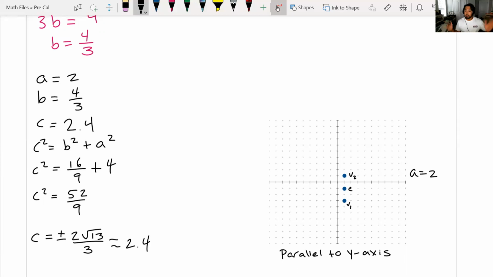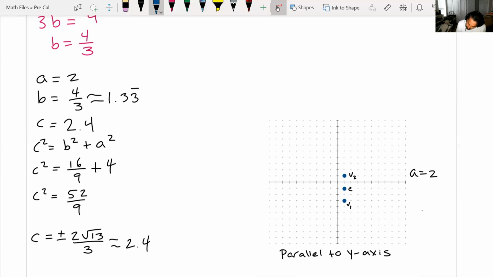Which means we now know the value of a, the value of b, and we can find our foci and minor points. And b is 1.33 repeating, right? Since we are parallel with the y-axis, to find the foci, we'll go up 2.4.